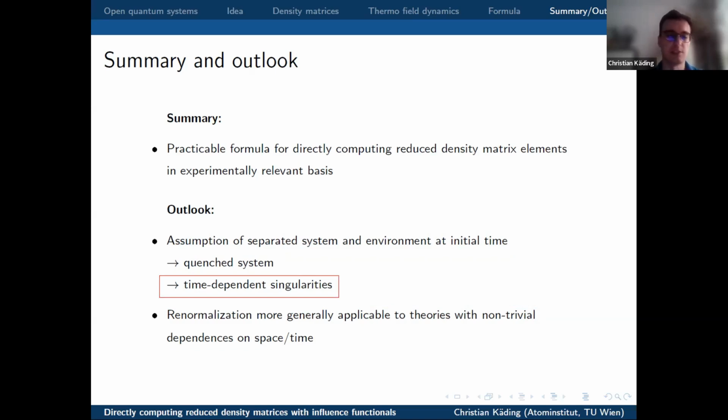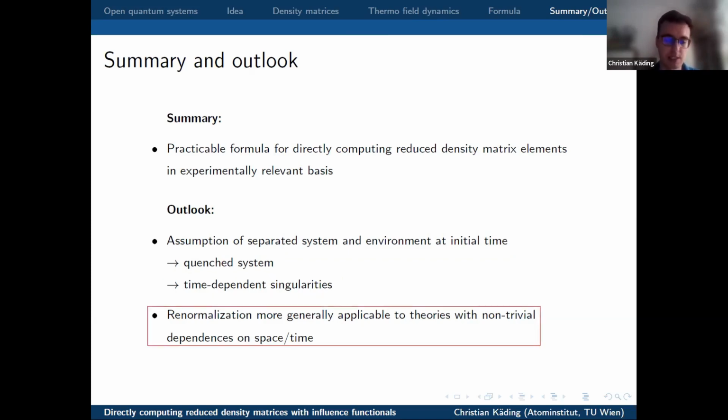So this means that your singularities actually do not exist at the initial time, and they might even vanish during time evolution because you have oscillations and so on. So you actually need counter terms that take care of this. And this renormalization needs to be studied in more detail, and that's very interesting since it could also be applicable to theories that have non-trivial dependencies on space-time.